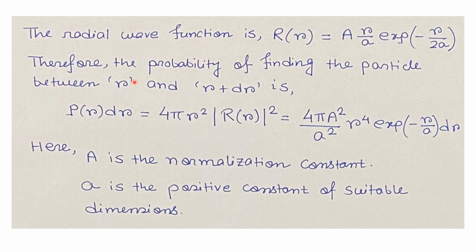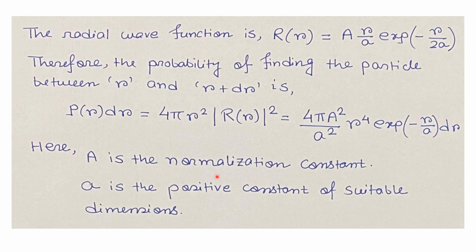Therefore, the probability of finding the particle between r and r plus dr is given by P as a function of r times dr equals 4 pi r square times mod square of capital R, equals 4 pi A square divided by a square times r to the power 4 times exponential of minus r by a times dr.